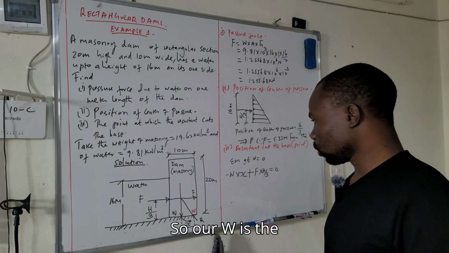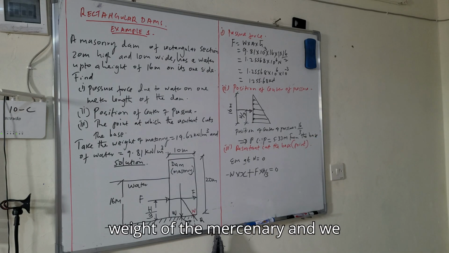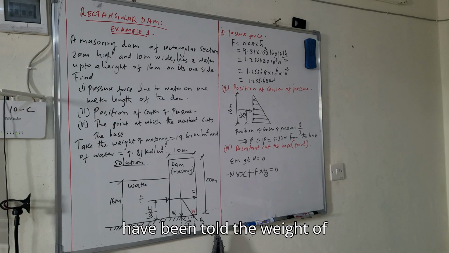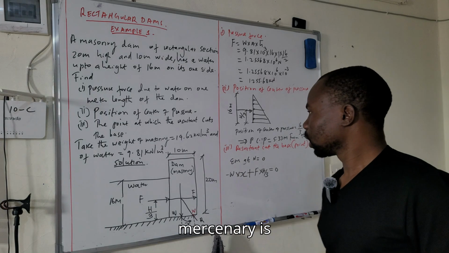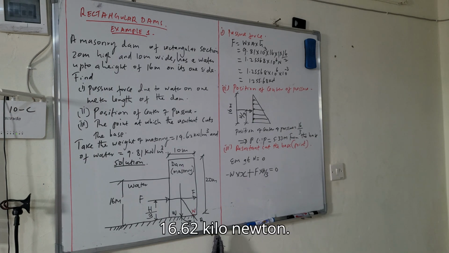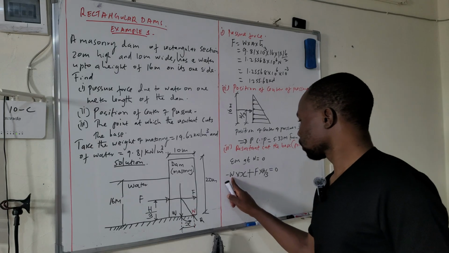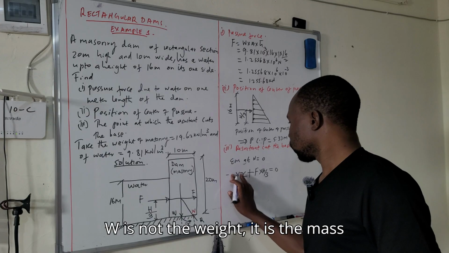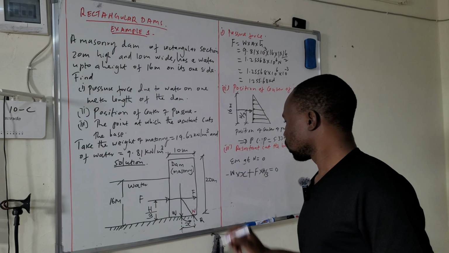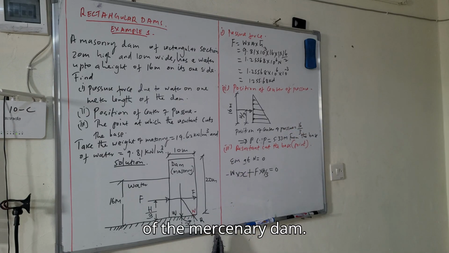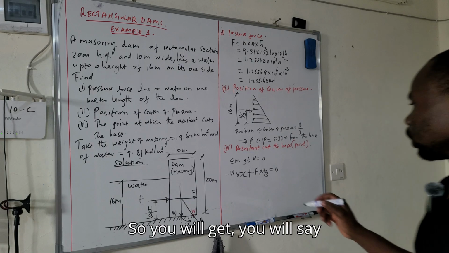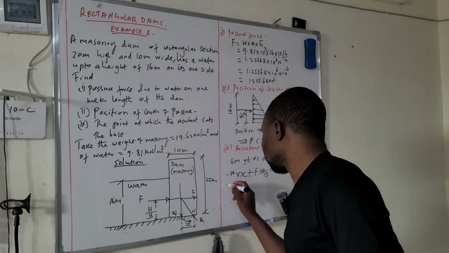Our W is the weight of the masonry, and we have been told the weight of masonry is 19.62 kilonewton. So to get W, it is the weight of the masonry dam.